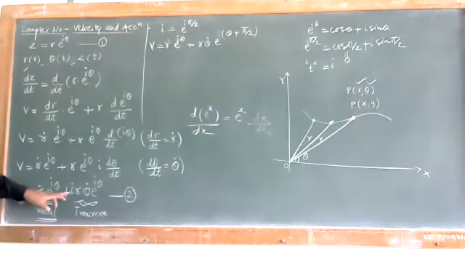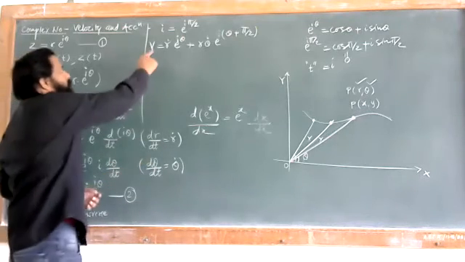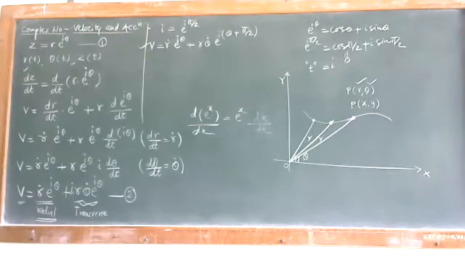Since I is equal to e raised to I times pi by 2, I can combine this and write the velocity as v equal to r dot e raised to I theta plus r theta dot e raised to I times theta plus pi by 2. Remember that this is what is called the velocity. That is the application of complex numbers to curved motion.